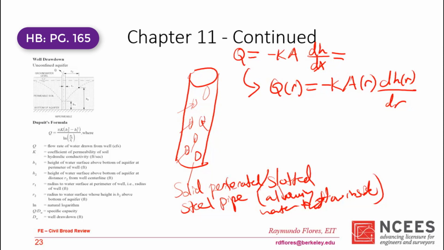It's just a different formulation, different dimensions, to explain the same problem. As long as you know that A is a function of R which depends on a circular dimension, we're good.